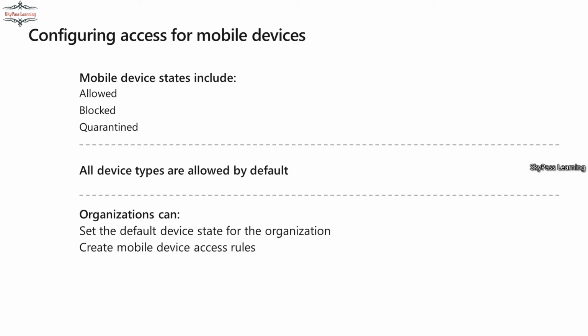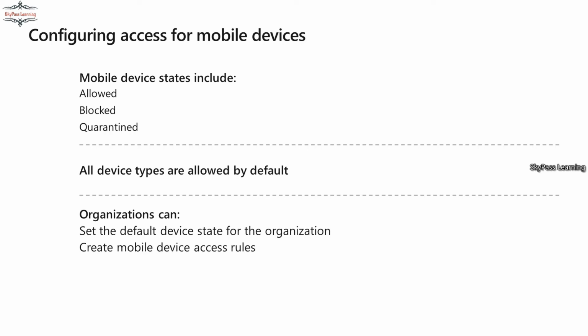So this is the quarantine state, and in that scenario, you contact your device administrator to unblock or allow your device, or move it into the blocked state to block complete access.